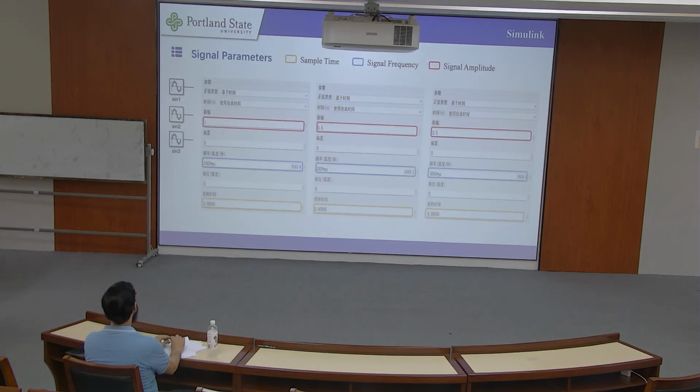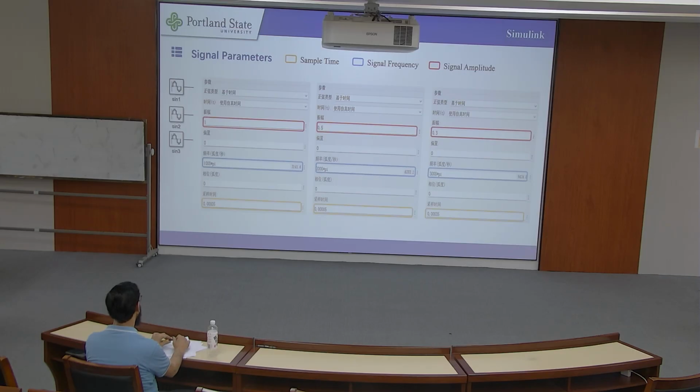And here are the signal parameters. You can see that the sample time is 0.00005, so the sample rate is just the same as the script, 20,000. The frequencies are respectively 1,000 pi, 2,000 pi, and 3,000 pi, so actually the frequencies are 500, 1,000, and 1,500, just the same as the script.